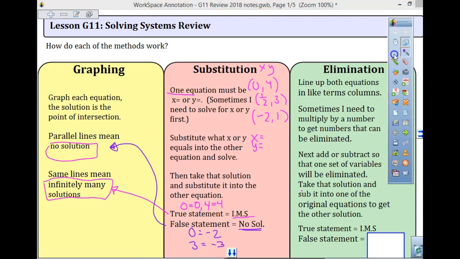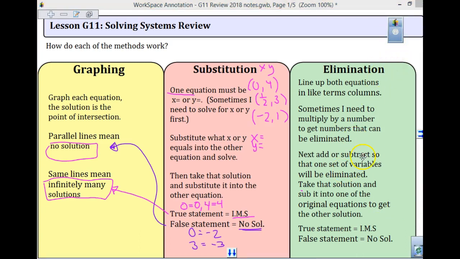And then in the last one, again, the elimination, which I know a lot of you are really starting to like doing that much better than the other two forms. That is when you have to line up your columns. So the elimination is when you have to have x, usually plus the y, equals your number, okay? And you usually want to keep the equations in that form. And it says sometimes you need to multiply by a number to get the numbers that can be eliminated.